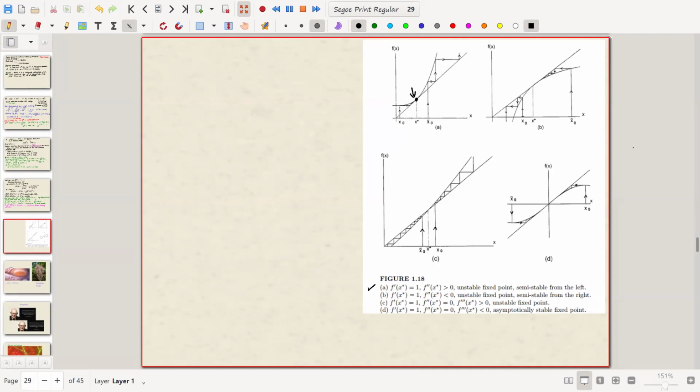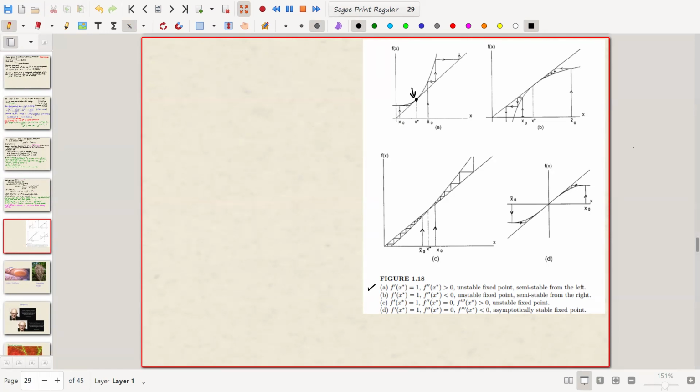Now I want you to take this condition. The first part, part A: f prime of x is 1, f double prime is greater than 0. You don't need to worry, you can check because the function is concave upwards. In part B, it is concave downwards.